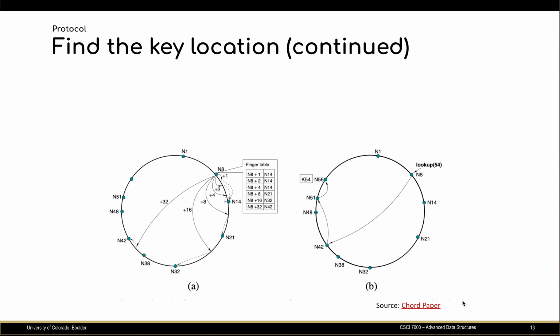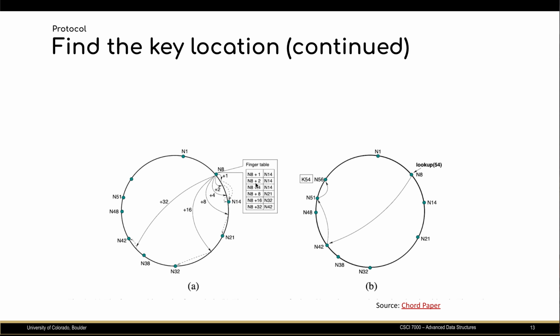So let's look at this example here. We have shown a finger table for a node on the left, and this figure has been taken from the Chord paper. For example, the first entry of the node 8 finger table is node 14, because if we do the maths, 8 + 2^(1-1) is 9. So the first node which is greater than 9 is 14, right? In simple terms, each of these increments happens exponentially.